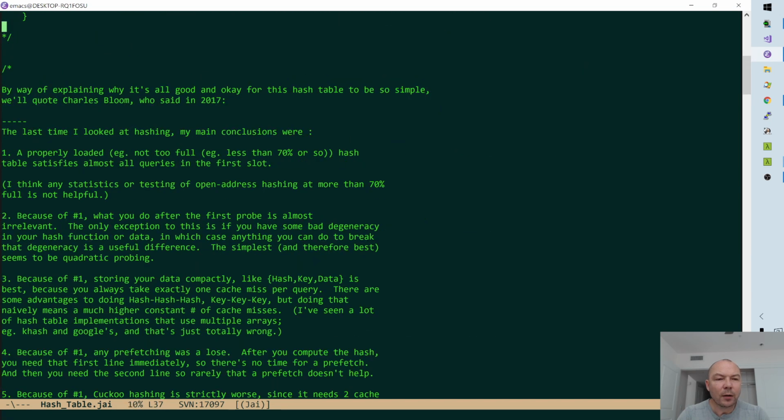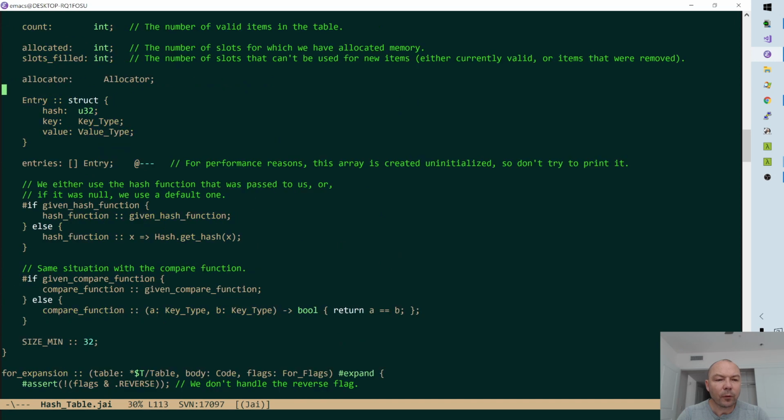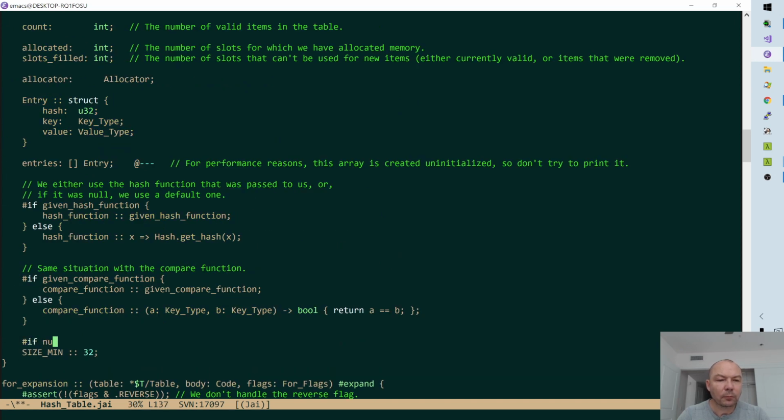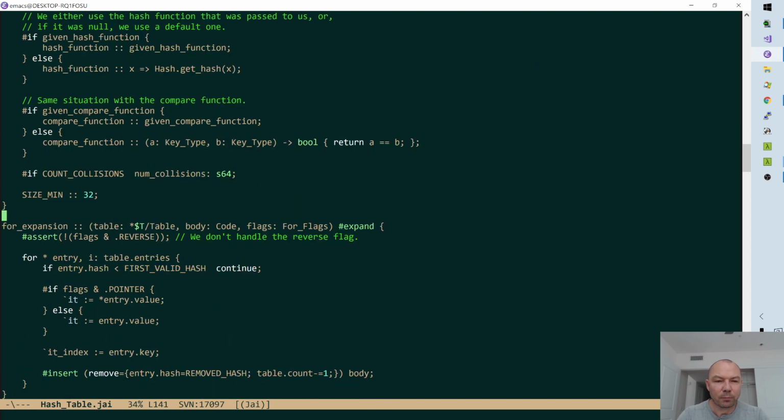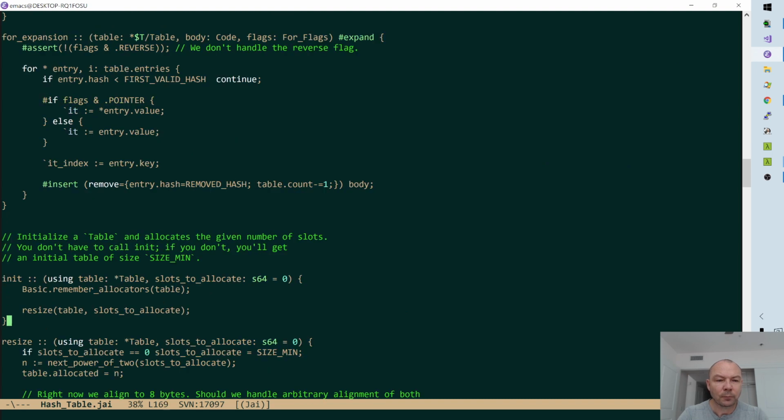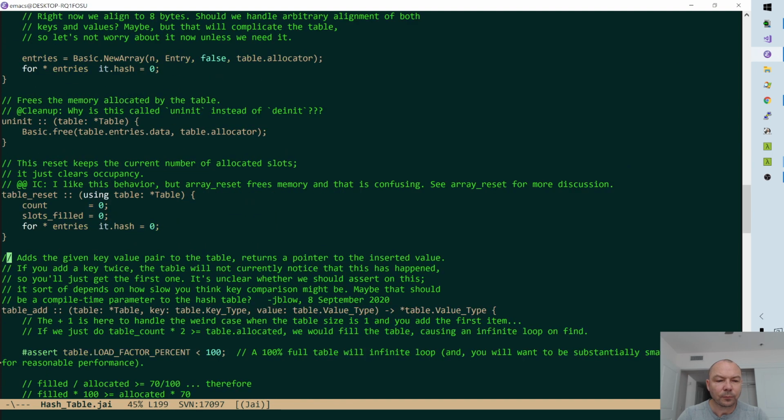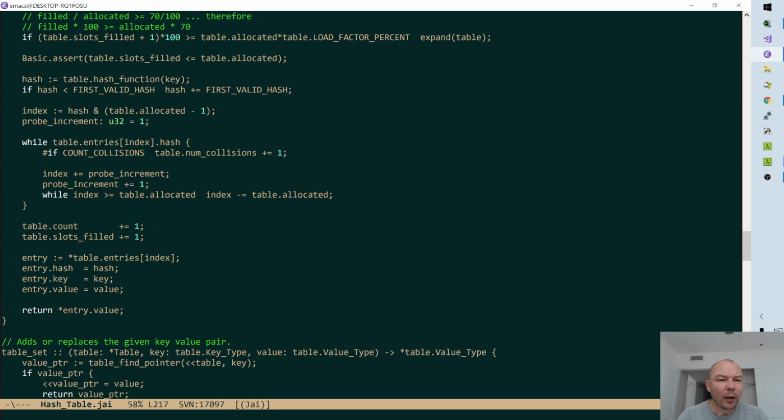But we need to make, whoops. If count collisions, then we make it an S64, because why not? Now this is not the only place.